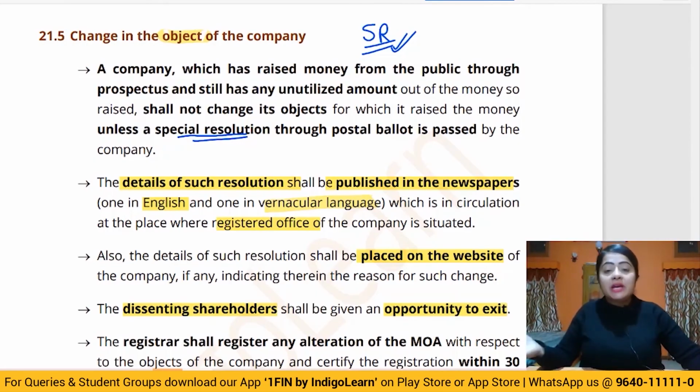However, in case the company has raised money from the public by issue of prospectus and wants to change the object for which that money has to be utilized and that money is remaining unutilized, then along with the special resolution, details will have to be published in 2 newspapers along with the website of the company, and dissenting shareholders will have to be given an exit opportunity.